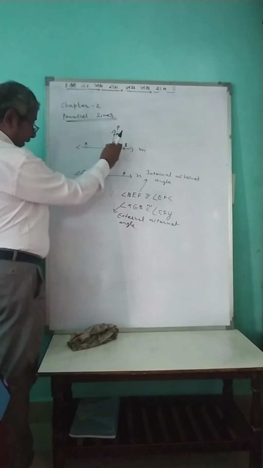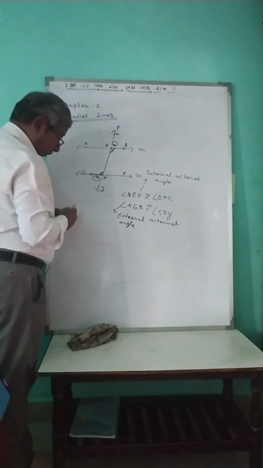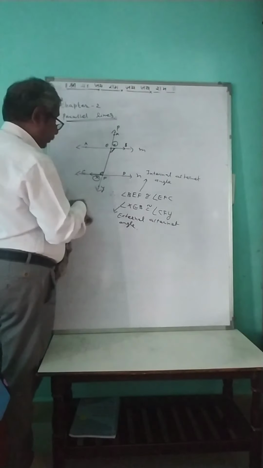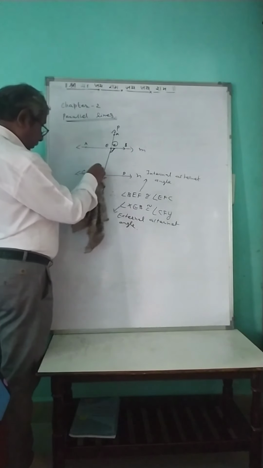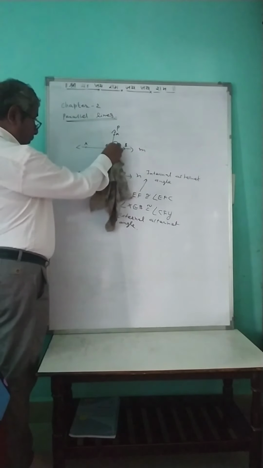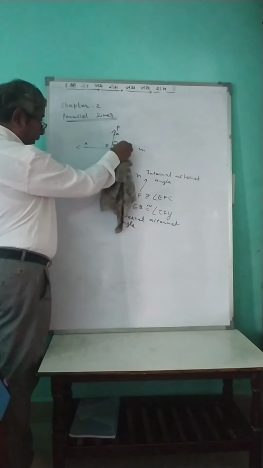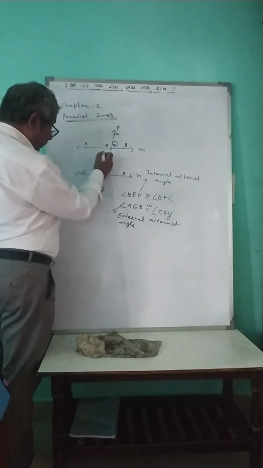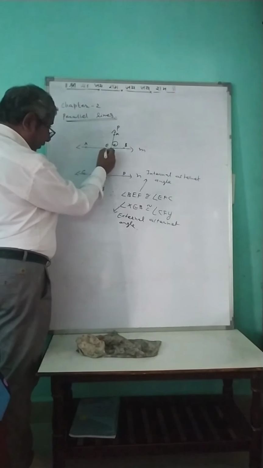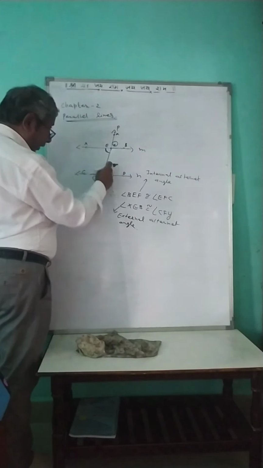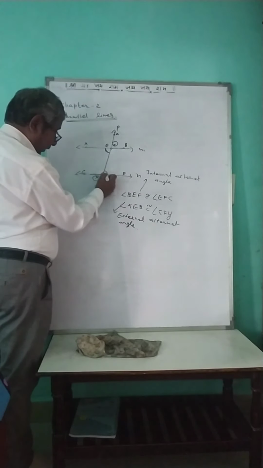This is one side. Now another angle. This is one pair of alternate angles, and the other pair of alternate angles is AEF and EFD.